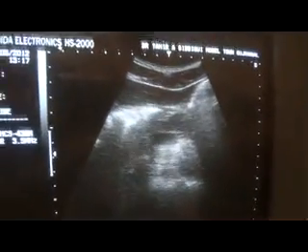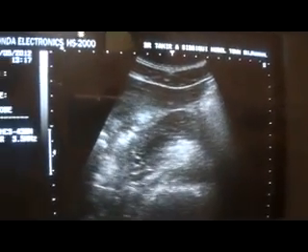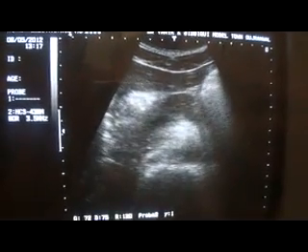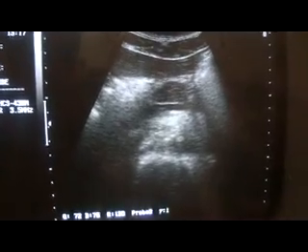Again, deep breath, and hold. Here we are. This is the splenic vein. This is the superior mesenteric artery in transverse section. It has echogenic borders. This is the aorta, and this is the body of the pancreas.